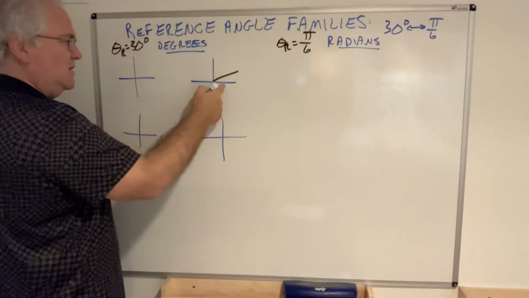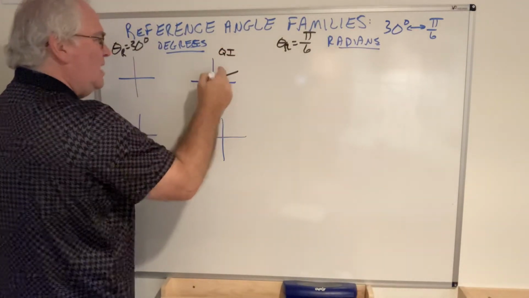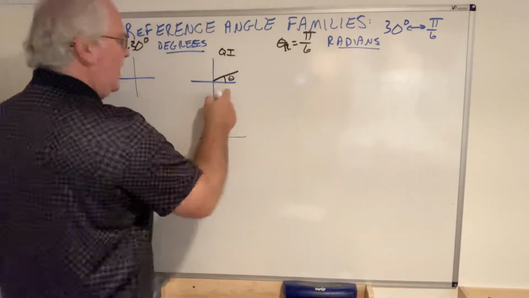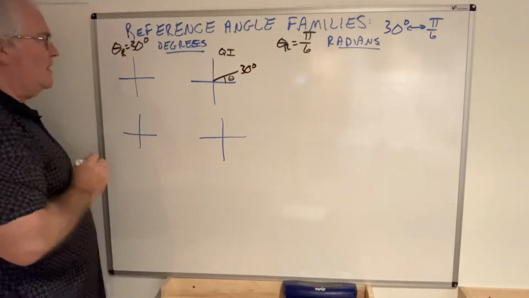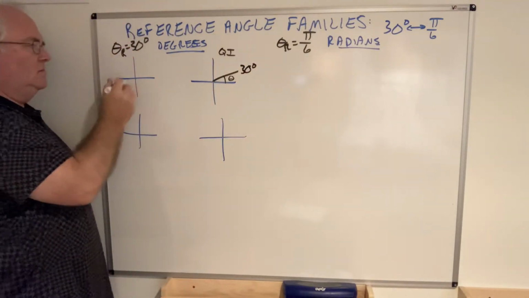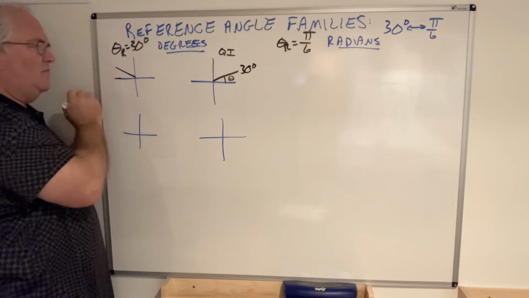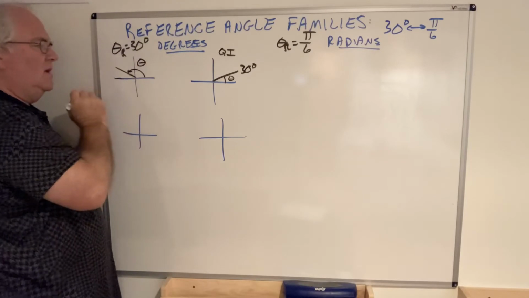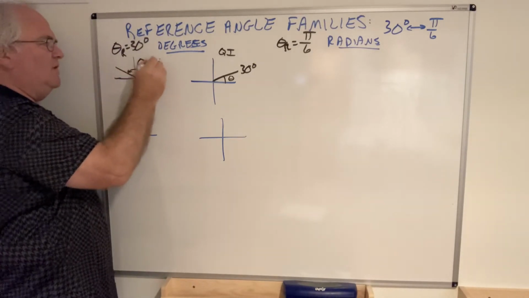If this is a 30 degree angle, remember that in quadrant 1, theta is equal to theta reference. So theta is a 30 degree angle. In quadrant 2, the reference angle is here. This is the angle we want. 180 back off 30, so this would be 150 degrees.